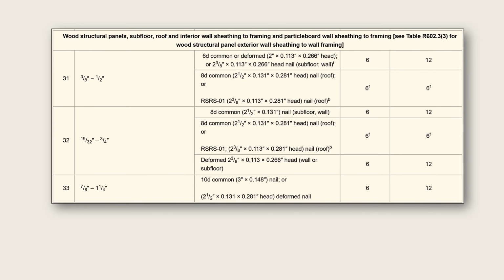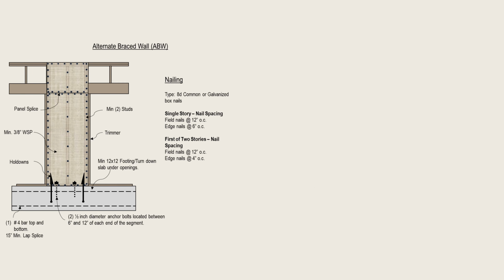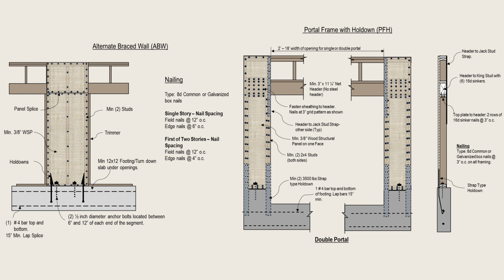That being said, there are some cases where the International Residential Code allows galvanized box nails of the same size designation as the common nails specified. This includes wall bracing methods such as alternate braced wall, portal frame with hold-downs and portal frames at garage openings, where the code in section R602.10.6 requires 8-penny common nails but also allows galvanized box nails.